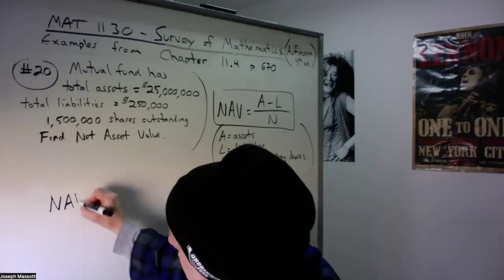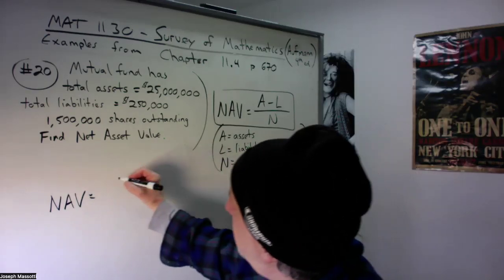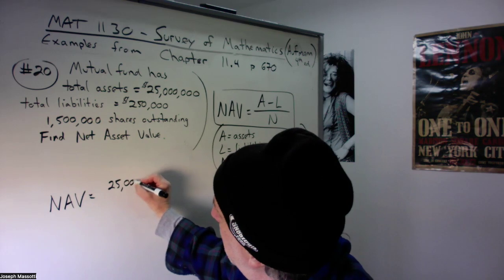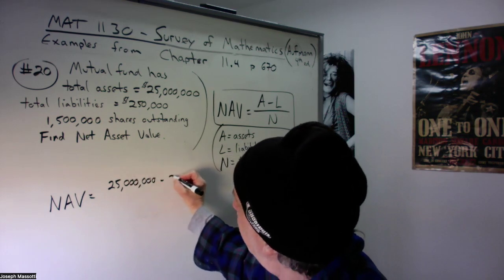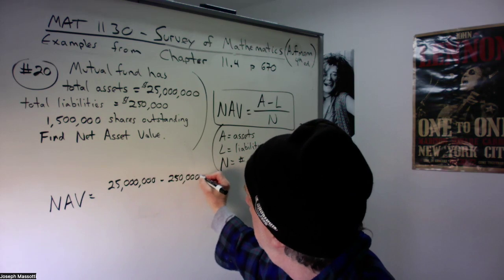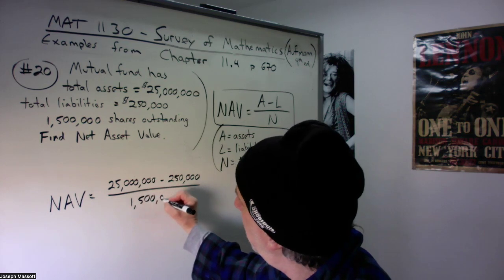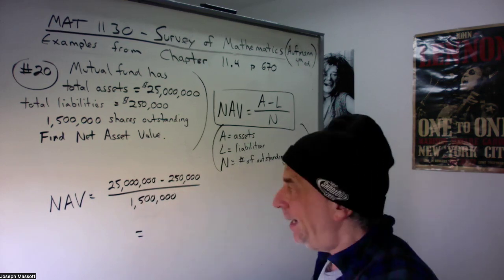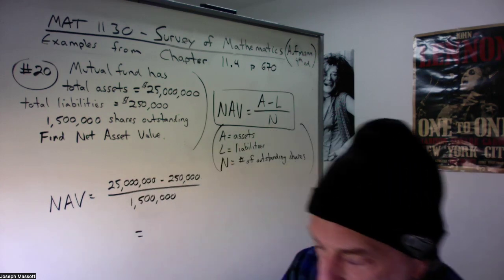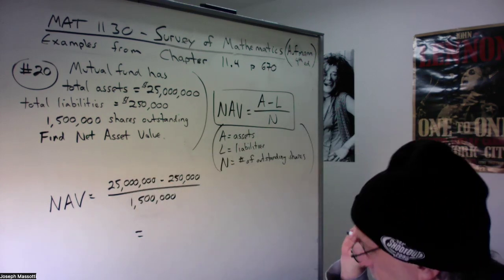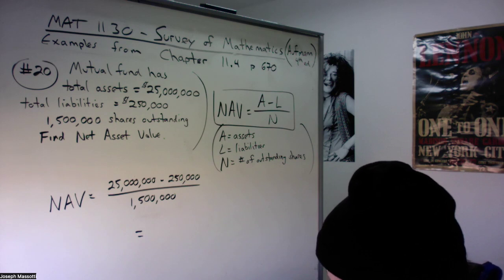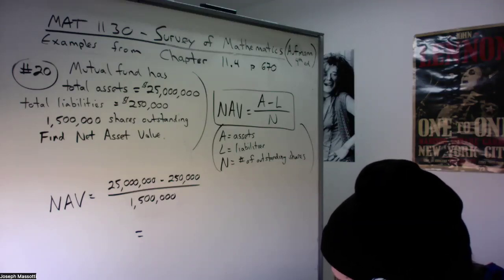So net asset value here is going to be the total assets of 25 million minus the liabilities of 250,000 over the number of shares outstanding. And that's it. We just plug that into the calculator. 25 million minus 250,000, and we divide that by 1.5 million.